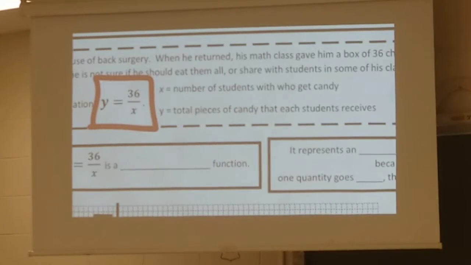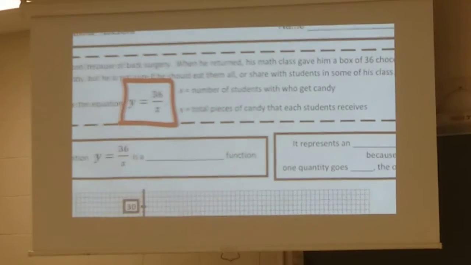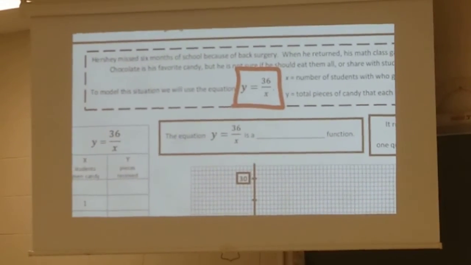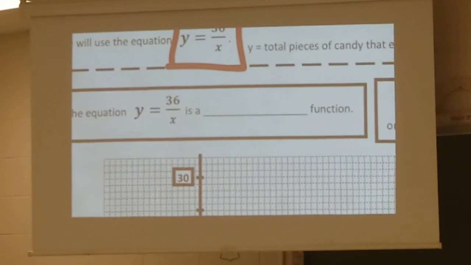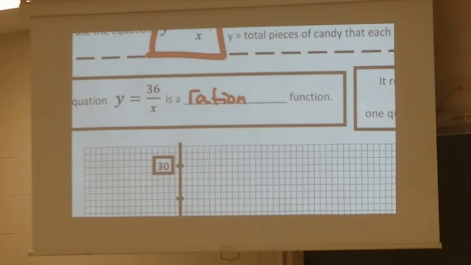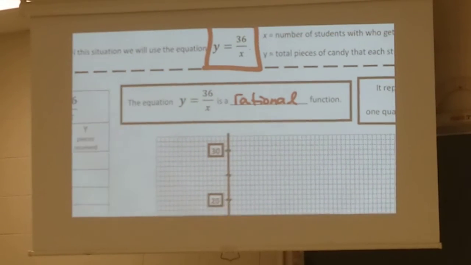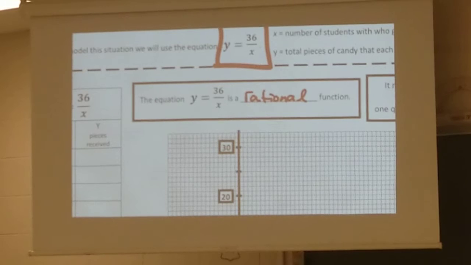And let's take a look at a little bit of a pattern that might occur with this scenario. Oh, I almost forgot. It's a good time to fill in the blank here that this is a rational equation. This is a rational equation. The word rational is kind of fancy, but in math class that just means it's a fraction.